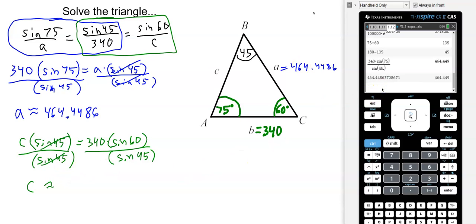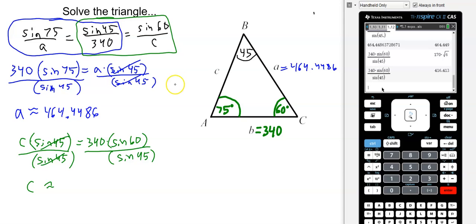And so we'll go control divide, 340 times sine of 60 over sine of 45. And if you don't hit Control Enter, you won't get the decimal there.